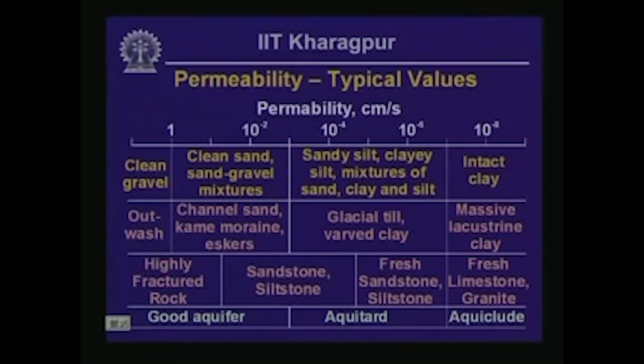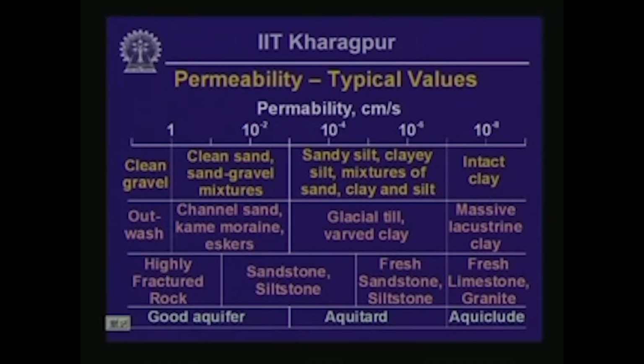We are going to look at different types of soils and different types of rocks, typical values of permeability of different types of rocks and soils, and how permeability depends on the geomorphology of a particular deposit. So we look at all those things from this particular table here.